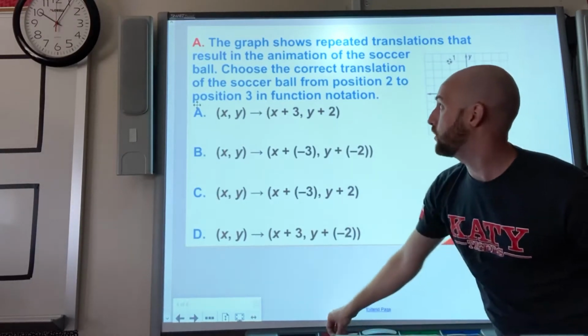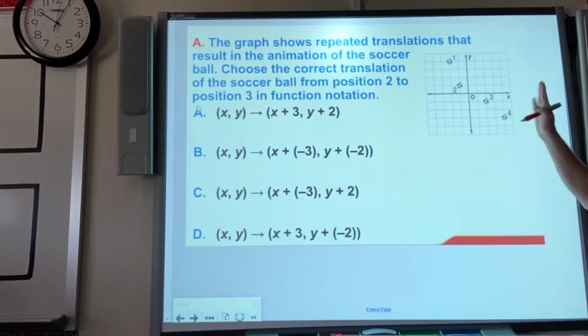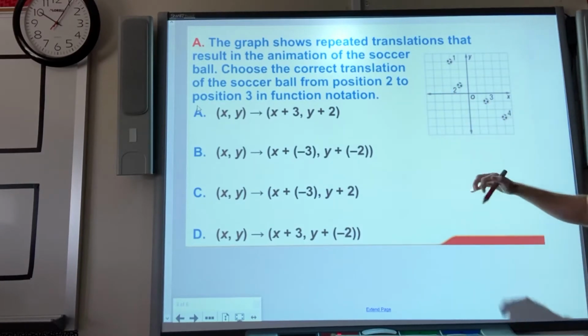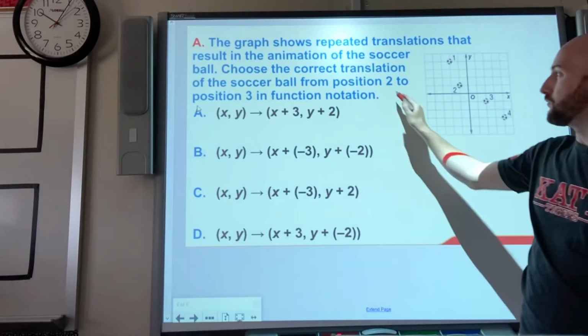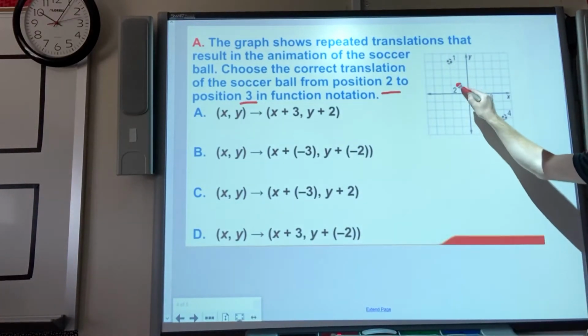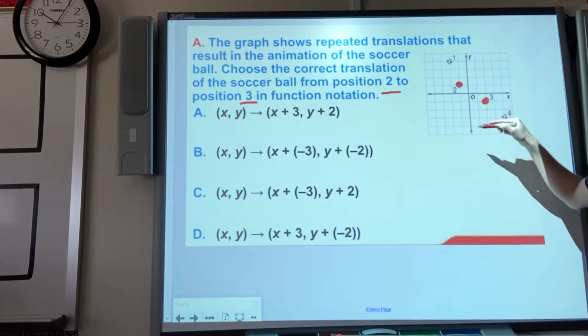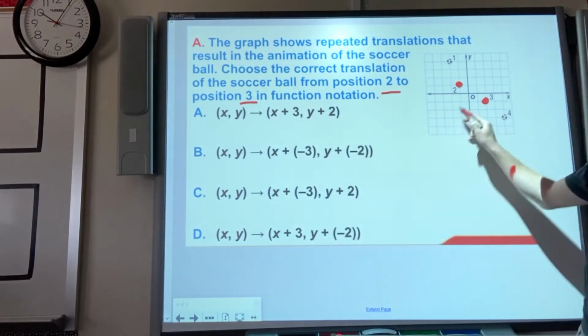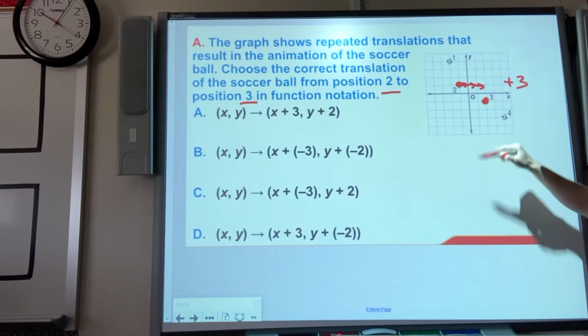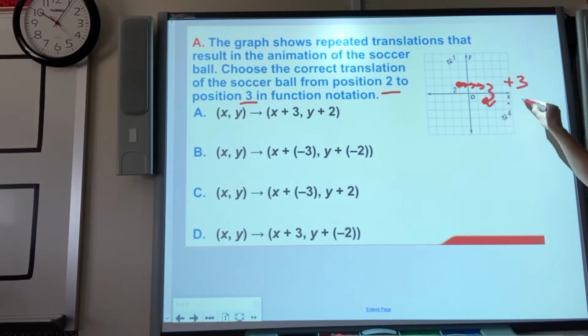So checking out what this question is saying, we've got a soccer ball that has gone from position 1 to 2 to 3 to 4. Give me the correct translation from 2 to 3. So we are at this point, we're going to here, the x value is what we read first. It went towards the right, 1, 2, 3, so it went plus 3 on the x, and then it went down 2 on the y.